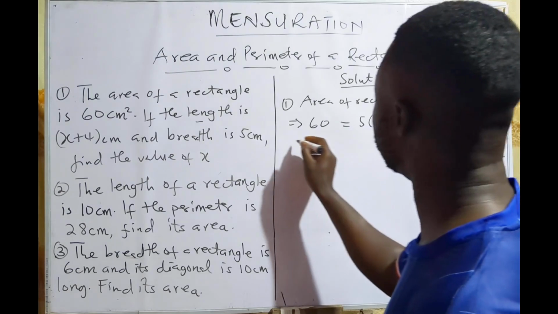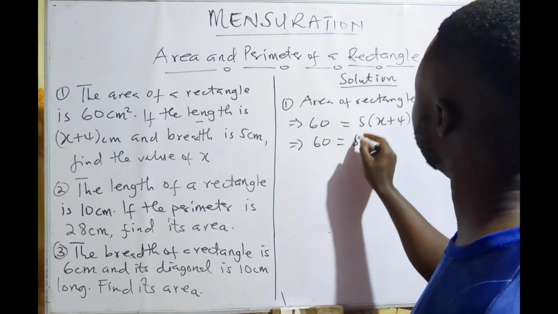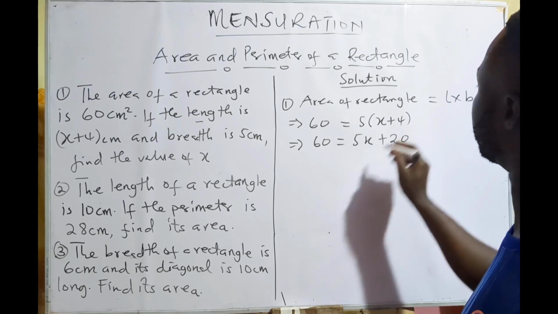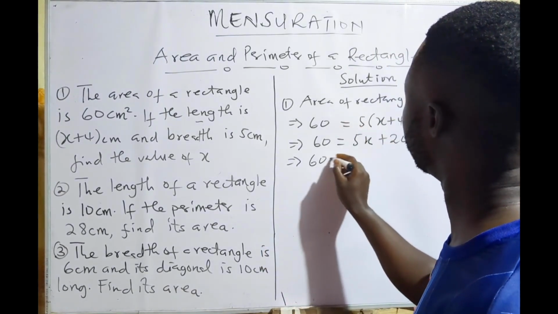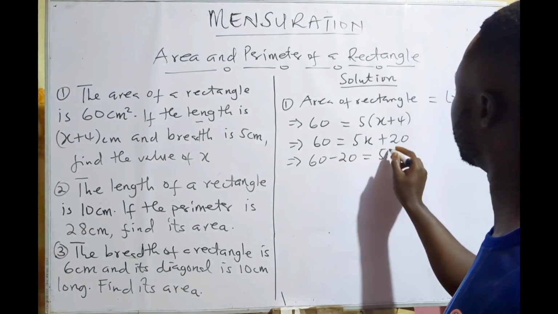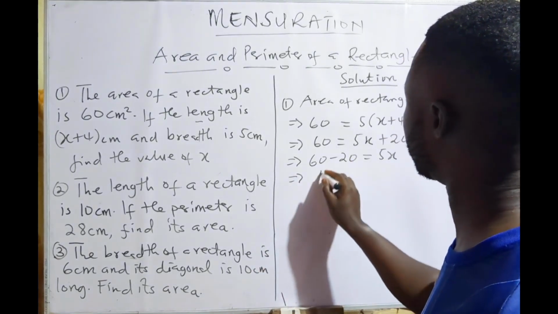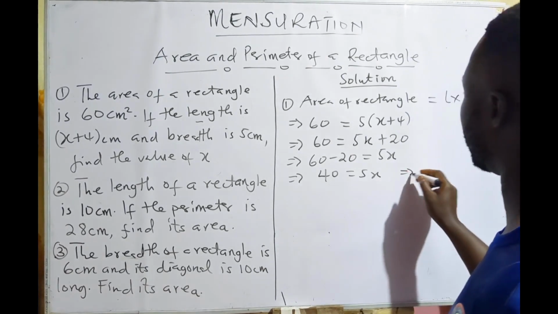So it means that my 60 is equal to 5 times s, which gives me 5s, and 5 times 4 will give me 20. Then I'll have 60 minus 20 equal to 5s. What is 60 minus 20? That is 40, equal to 5s. So what will be the value of s?